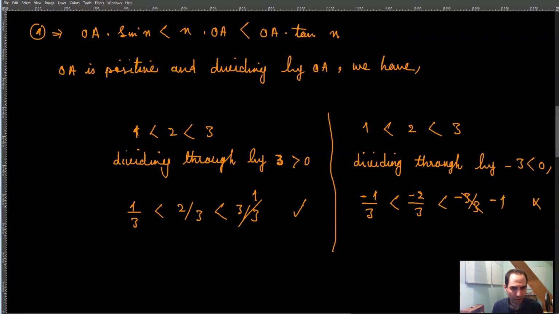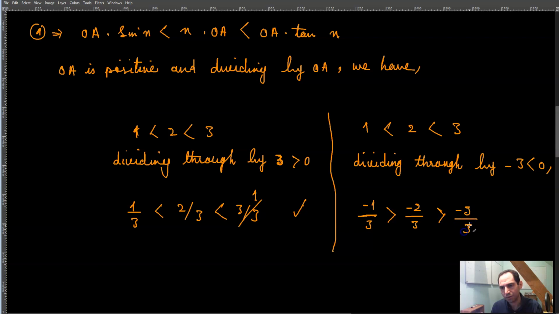So in inequalities, whenever you divide or multiply by a negative number, you have to change the direction of the inequality sign. Dividing by negative 3, you would have negative 1/3 is greater than negative 2/3 is greater than negative 3/3. Now this is negative 1, and negative 1/3 is greater than negative 1, negative 2/3 is also greater than negative 1, and this is true.